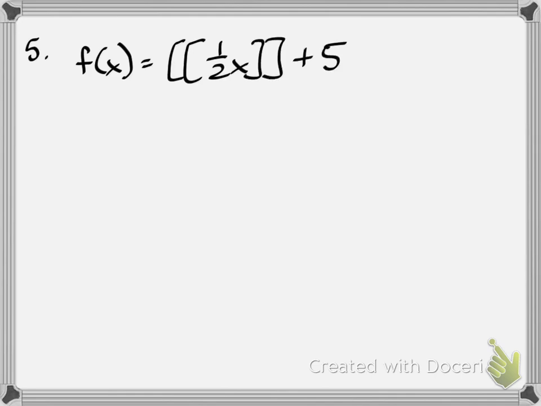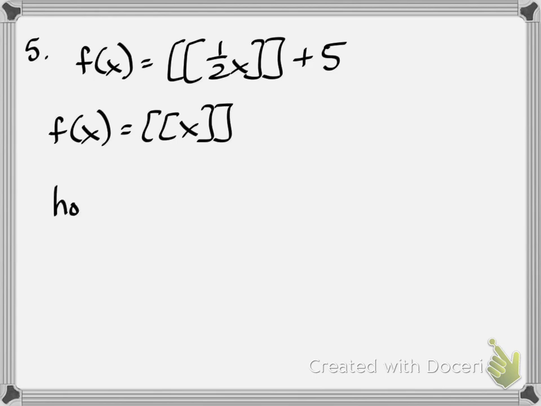All right, so I'm thinking, do I have reflections? No, there's no negatives. So then I'm going to work on vertical and horizontal stretches and compressions. So I see the 1/2. First off, the parent function is the greatest integer function. This is a 1/2 happening to the x, so that's a horizontal.